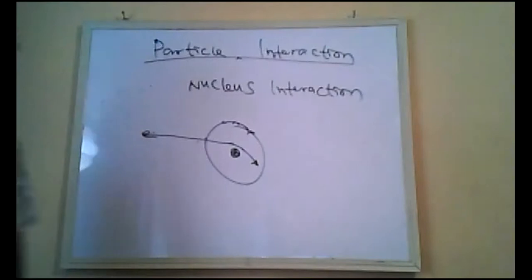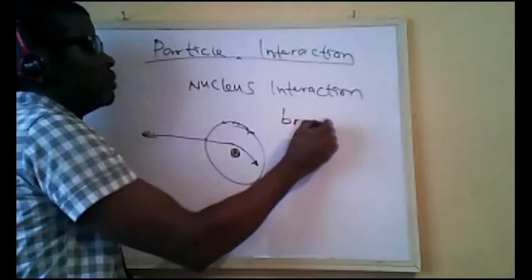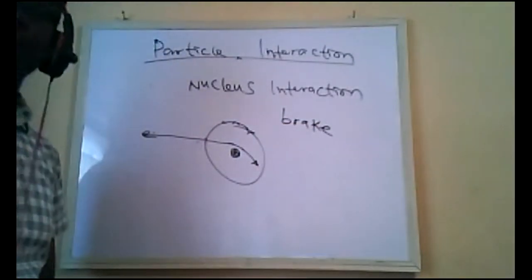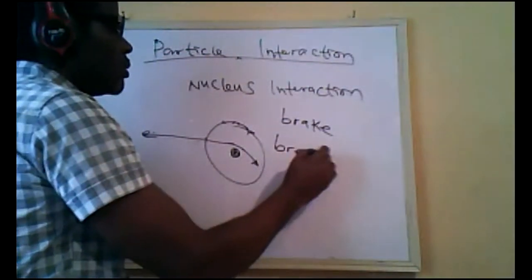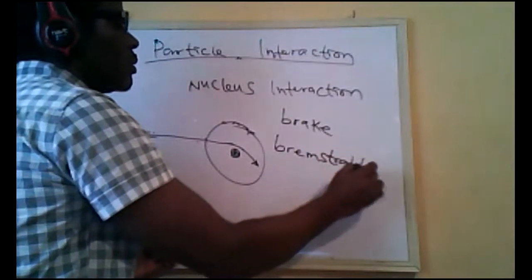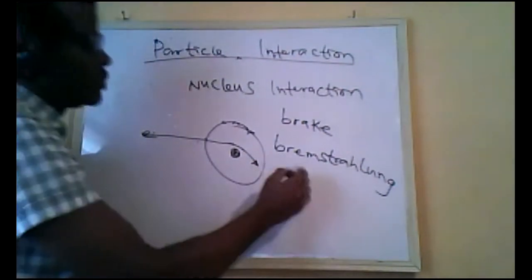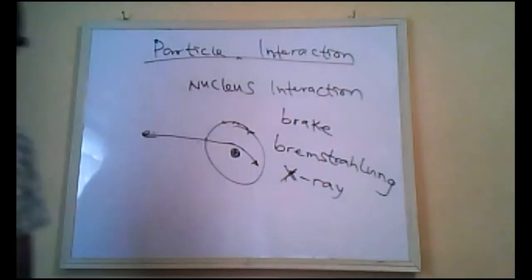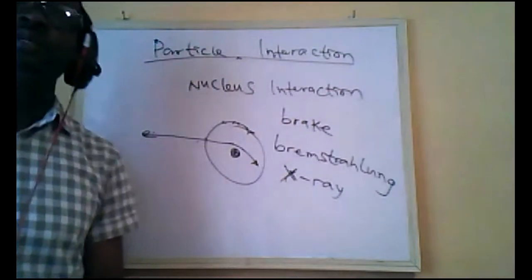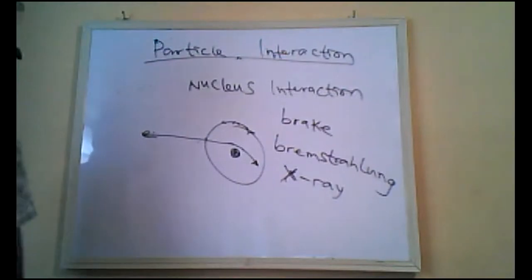Then that deceleration, that application of the brake, will appear as a form of radiation called Bremsstrahlung radiation, and it is a type of X-ray. In fact, most of the X-ray energy we use in all X-ray applications is a result of Bremsstrahlung X-ray. It is different from characteristic radiation.